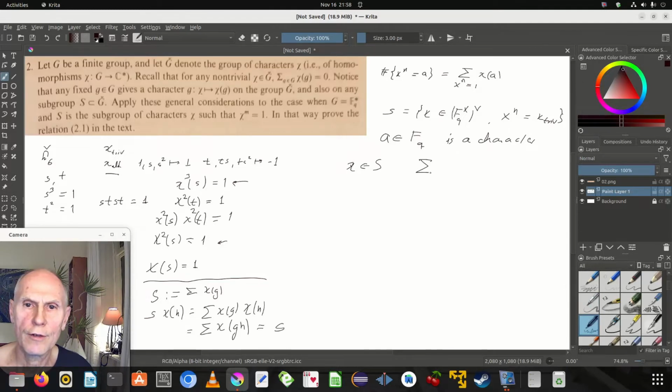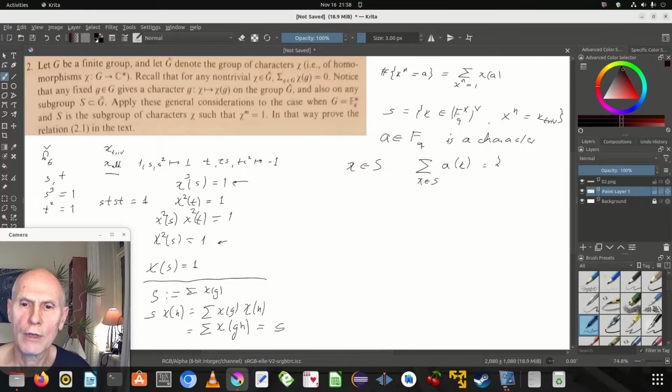So that's the sigma. Chi element in S. We'll write it like this, S of chi.